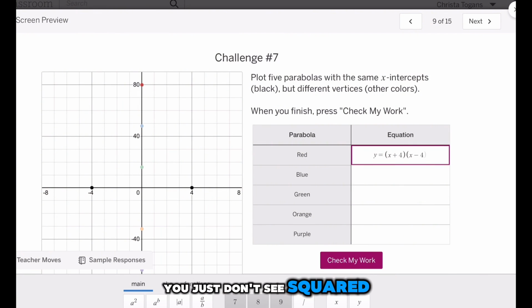You just don't see squared, but it is. It's x times x. And then there's some other things with the FOIL method that you do, but in any case, you have 4 multiplied by negative 4, which is negative 16. And when you multiply negative 16 and negative 5, you get 80.